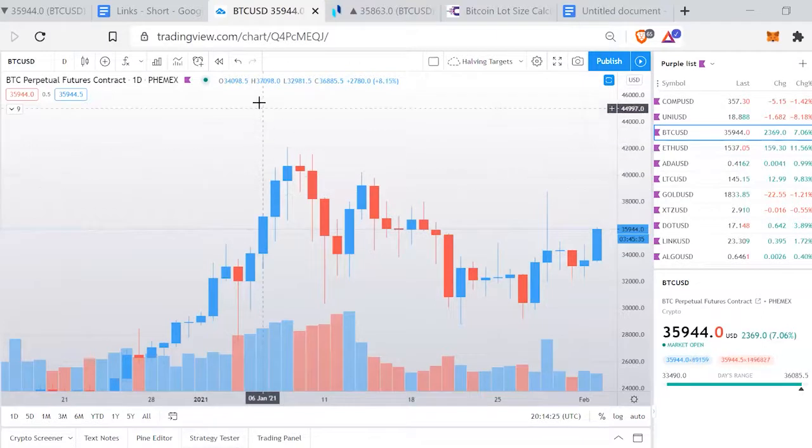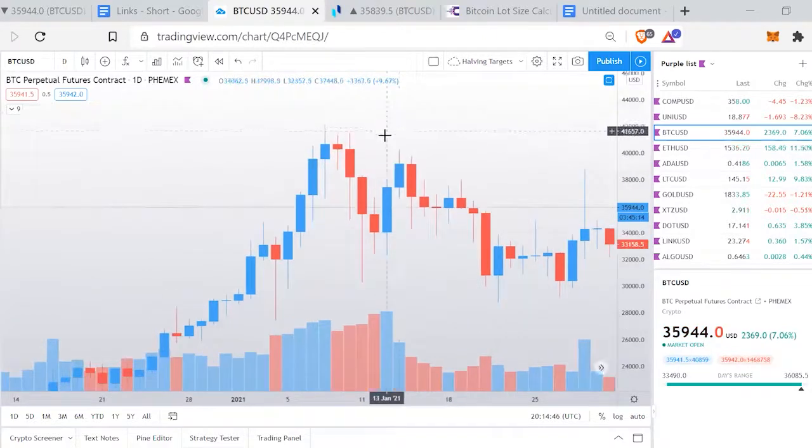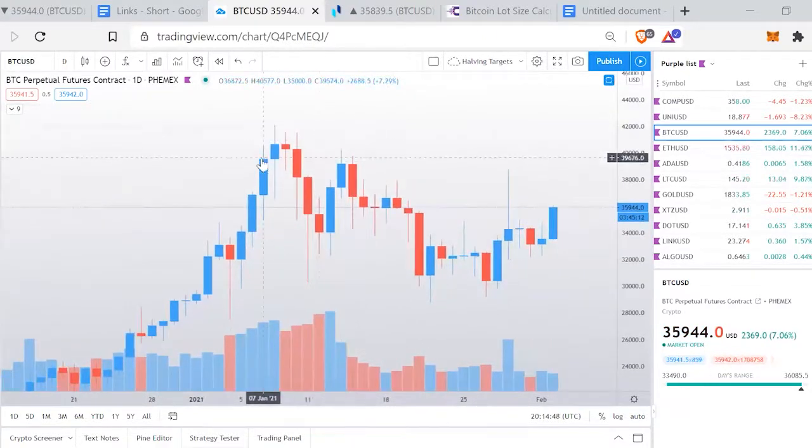On each candle, if we look up here, we have an O, which is the open price of the candle. The H is the high, the highest point of the candle. Then we have the low, the lowest point of the candle. And then we have the close, which is at the end of this time frame where the candle closed. We call this bigger part of the candle the body, and we call the skinny part the wick.